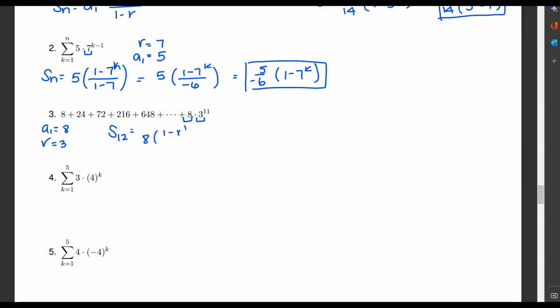So 8 times 1 minus 3 to the 12th power all over 1 minus 3. So 1 minus 3 is going to give us a negative 2, and then 1 minus 3 to the 12th power is going to give us a large number, and then we're going to multiply that by 8. So when we do this math, this is going to end up being a really large number.